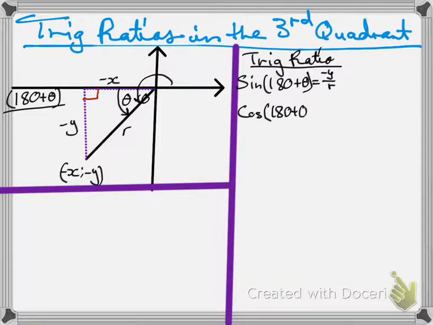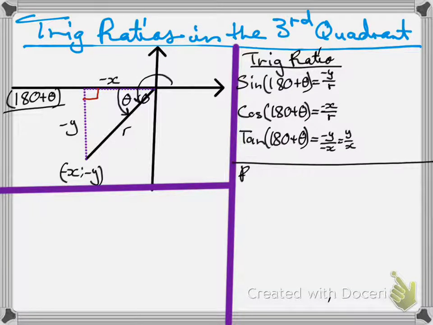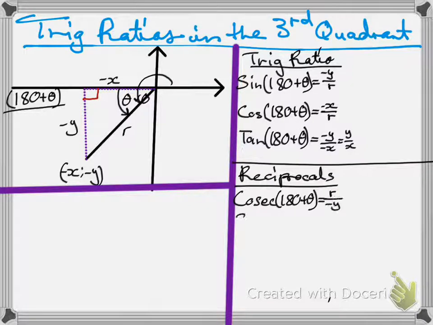So trig ratios, right? The sine ratio, you see it's negative. The cos ratio is negative, and the tan ratio is positive. Same with the reciprocals. The reciprocal of sine, which is cosec, is negative.